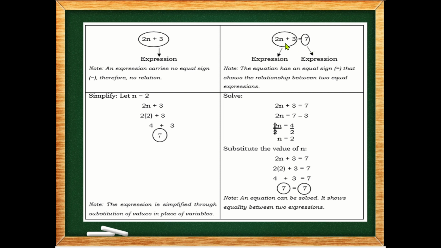Now, 2n plus 3 is an expression. 7 is another expression. Take note, the equation has an equal sign that shows the relationship between two equal expressions.